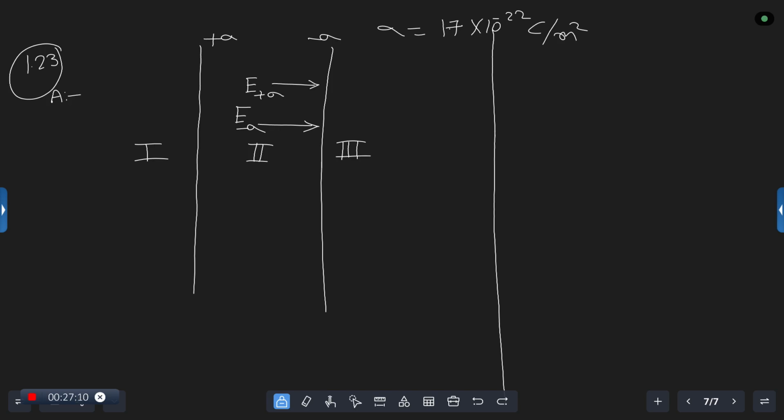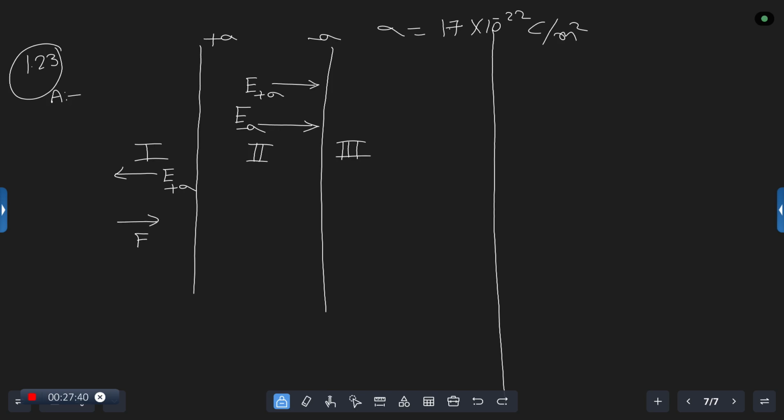Due to the plus sigma, electric field will be towards the plus sigma or away from the plus sigma? Away from the plus sigma. So electric field E plus sigma in this direction. Due to the minus sigma, electric field is towards or away? Towards the minus sigma.